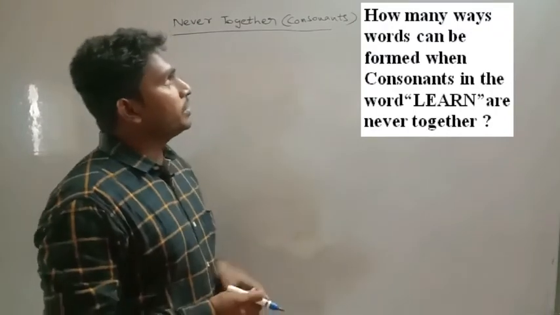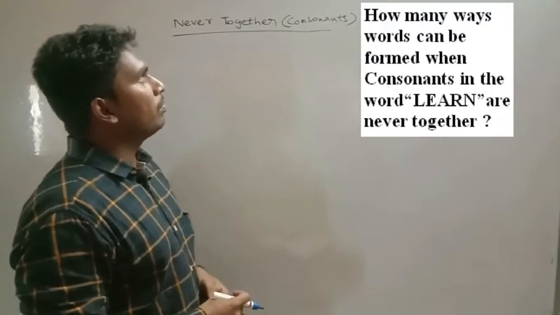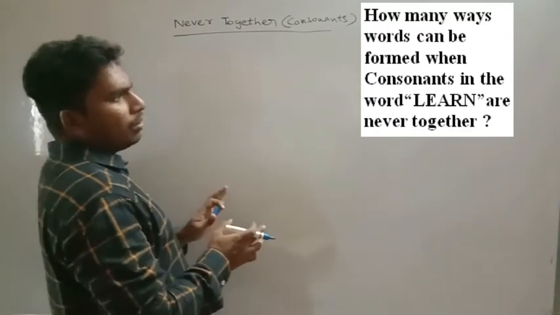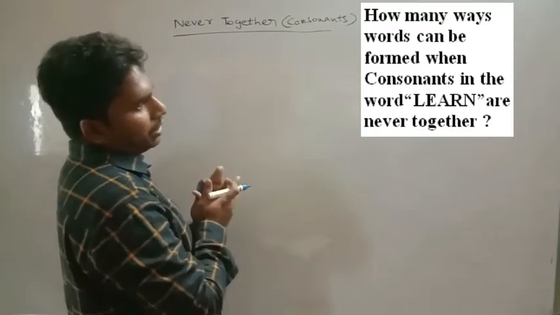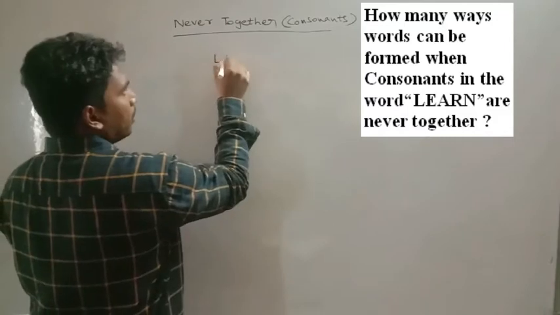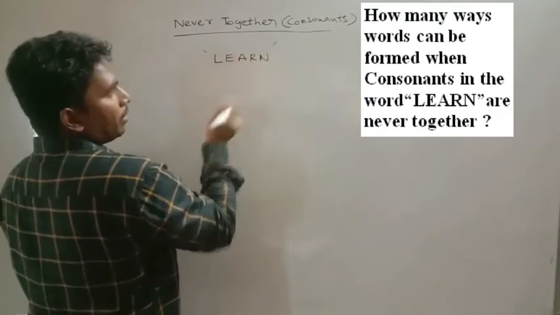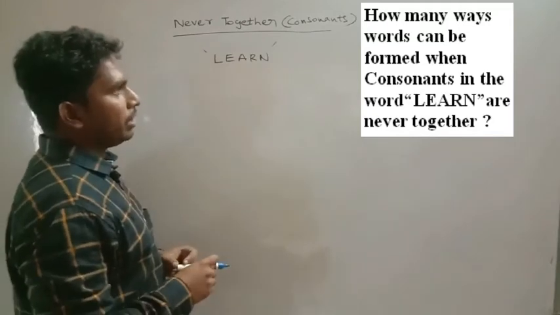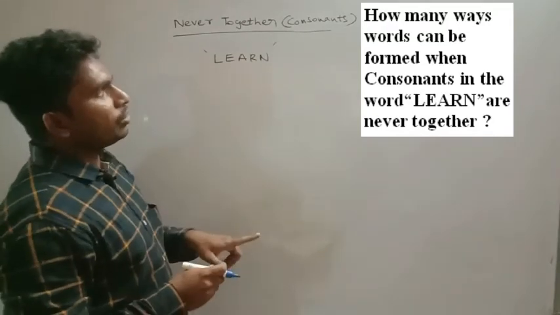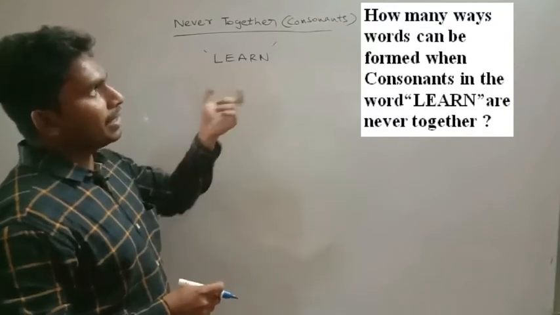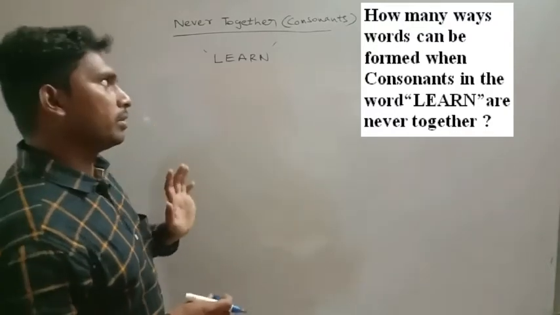Now this is the second type in this model, that is consonants. Here also they have given the same word, LEARN, but what is the difference here? In the previous case vowels must be never together. Here the consonants must be never together.